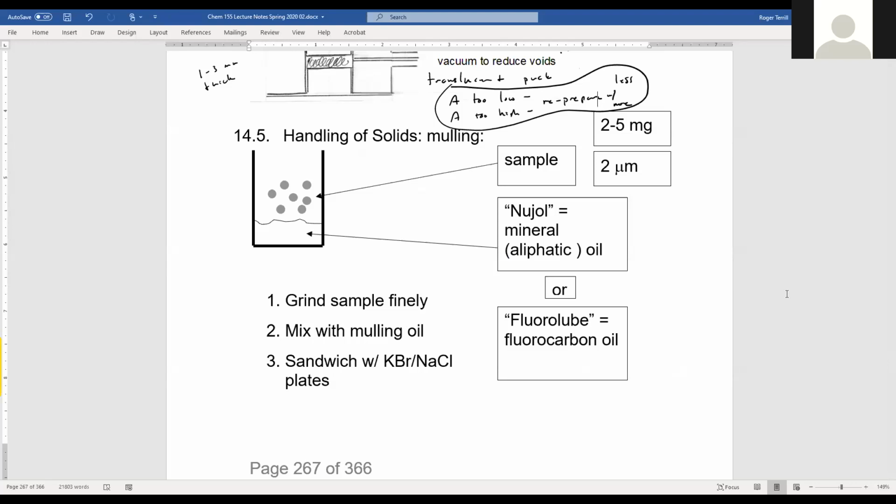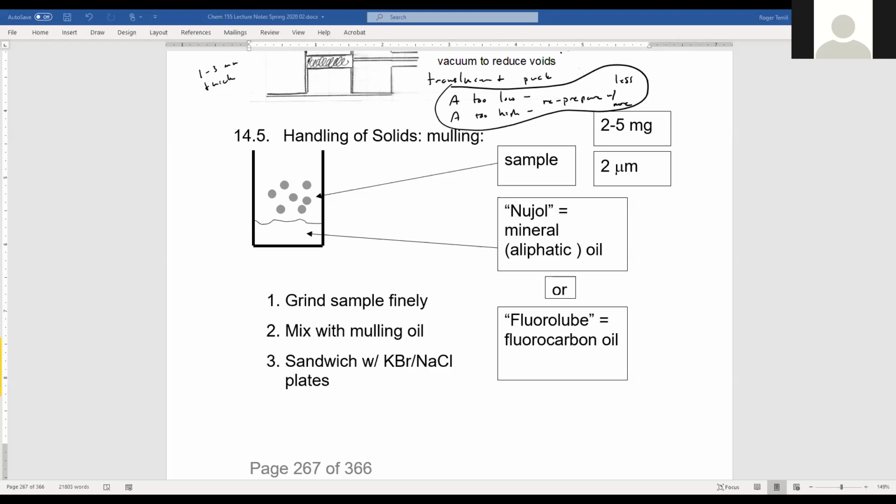And mulling is kind of weird because when you have a solid that may or may not really be soluble in mineral oil, which is just an aliphatic oil, could be octadecane or hexadecane or something, or you could use fluorocarbon oil, which is probably fluorinated octane, fluorinated decane, something like that. And these are organic molecules themselves.